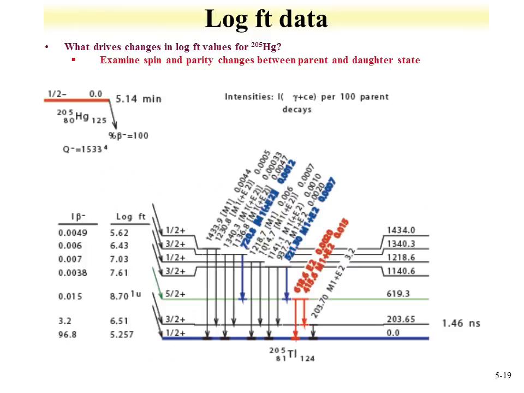So what drives these changes in these log Ft values? Let's examine it for mercury 205. Here are these log Ft values. What we see is that the decay in beta is really driven by the change of the spin and parity from the parent state to the daughter state. The lowest log Ft value is for a 1/2 minus to 1/2 plus state.